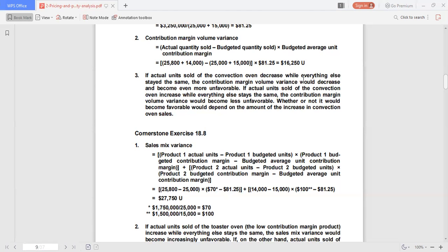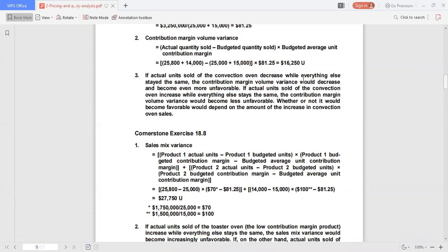The budgeted units, product 1, 25,000. Then you multiply this by the budgeted contribution margin and the budgeted average unit contribution margin. So we have 70, taken by dividing 1,750,000 by 25,000 budgeted units. So we now get 70 per unit.